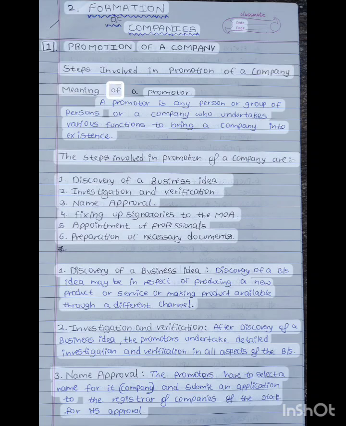Meaning of promoter. A promoter is any person or group of persons or a company who undertakes various functions to bring a company into existence. The steps involved in promotion of a company are: 1.